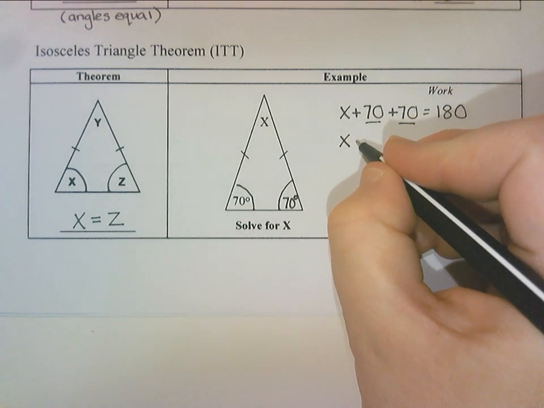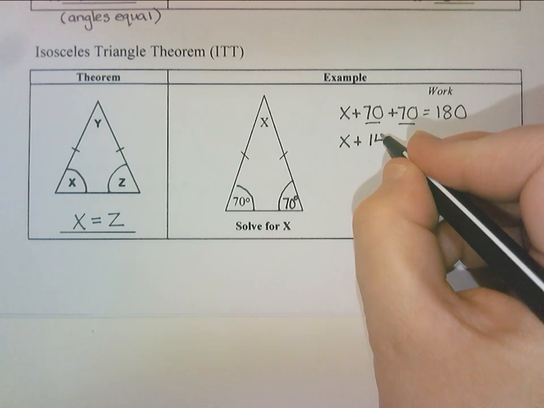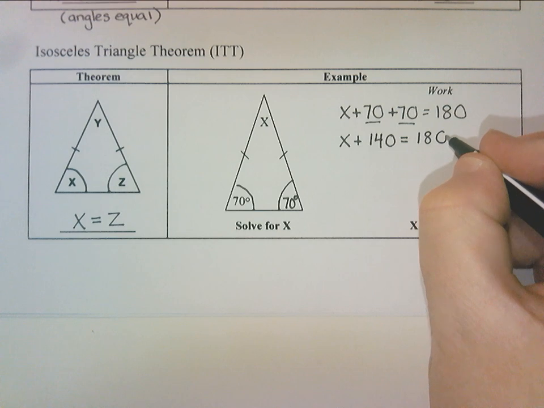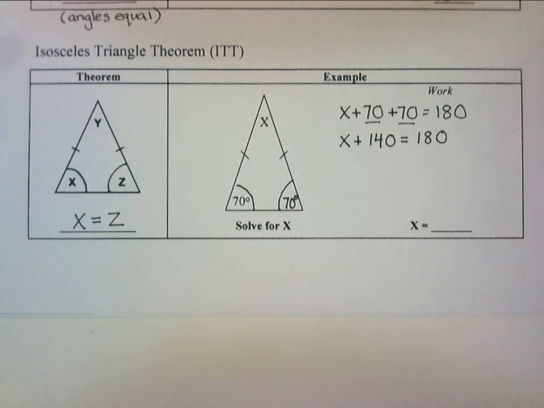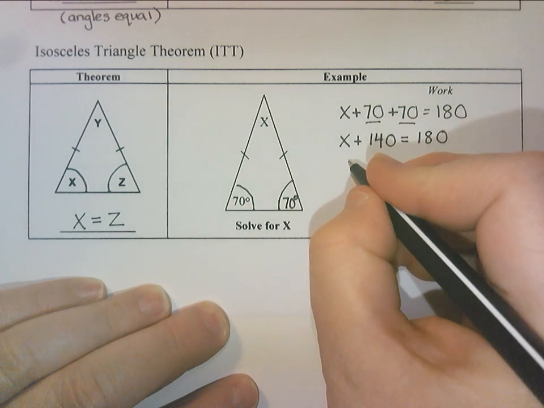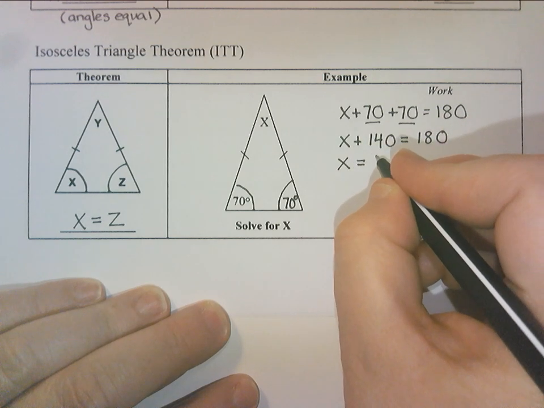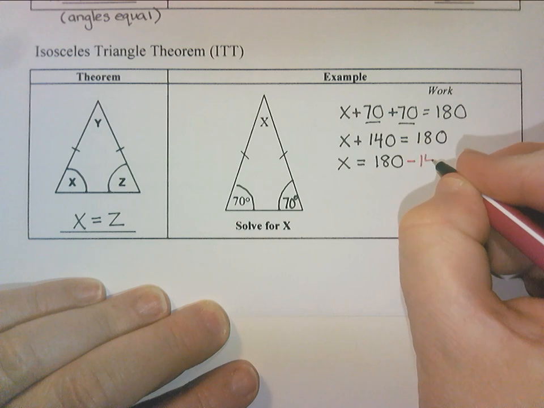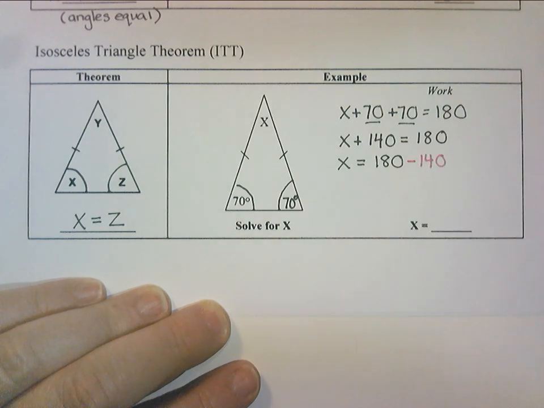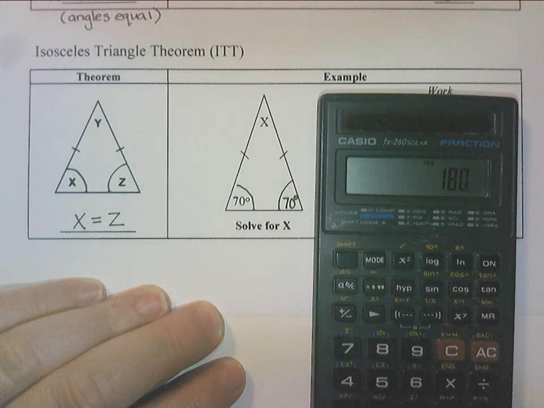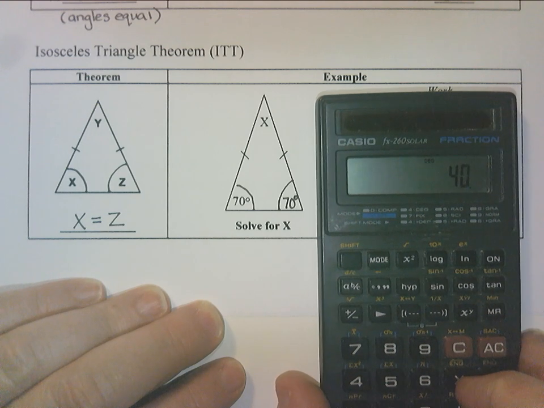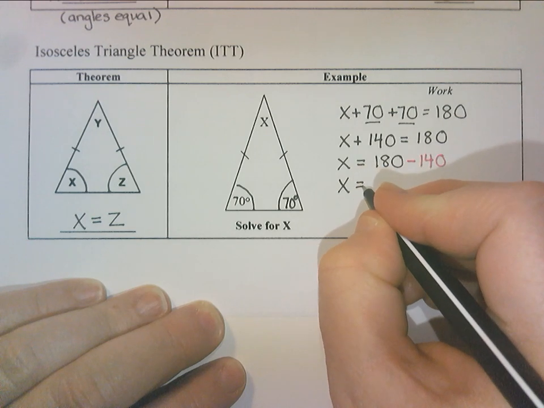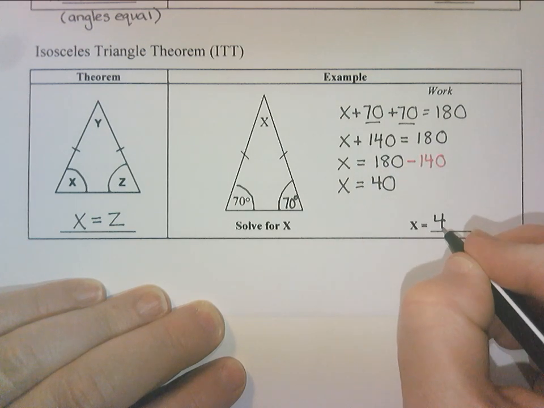So 70 plus 70 is 140, and that still equals 180 degrees. And then in order to solve for X, I want to cancel out a plus 140 by doing the opposite on the other side and subtracting 140. And then 180 take away 140 is 40 degrees. So our X equals 40 degrees.